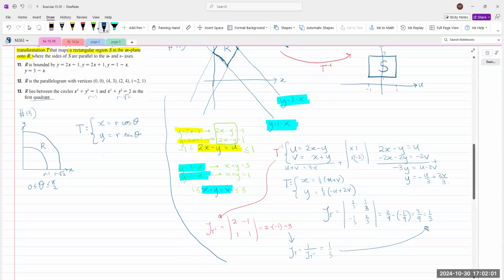That gives us the nice one in the first quadrant. Let's say this is r, this is theta, so my r will be from 1 to radical 2 and the theta will be from 0 to pi over 2. Okay, this is our S, the nice one.